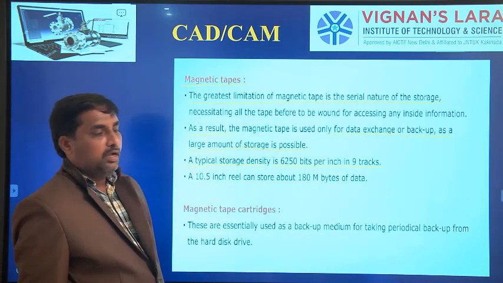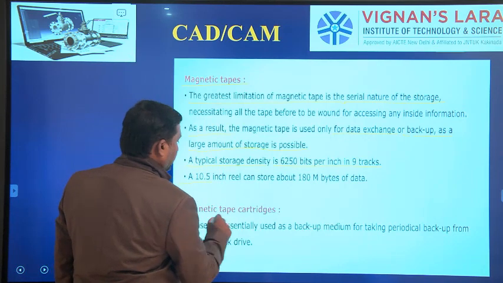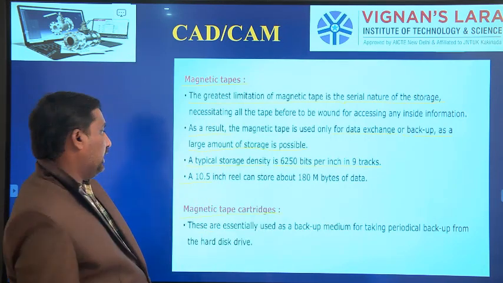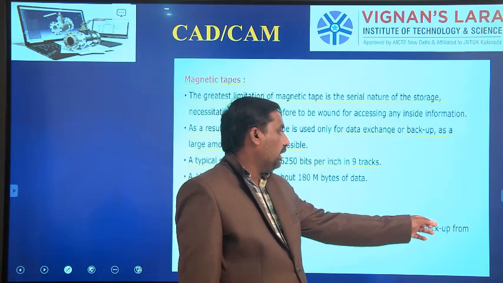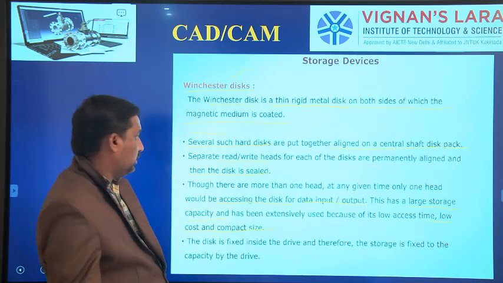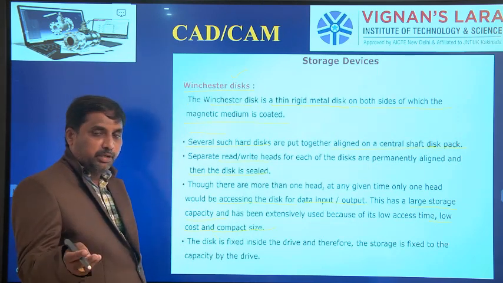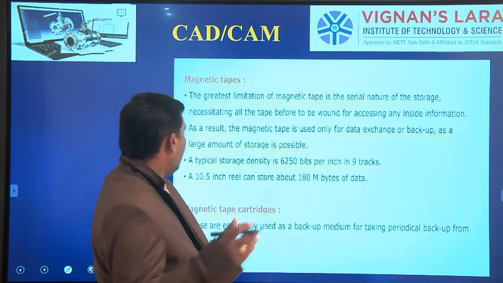That is the statistics about the magnetic tape. Next, magnetic cartridges. These are essentially used as a backup medium for taking periodic backups from the hard disk. So magnetic tapes and magnetic cartridges are both used for backup purposes.